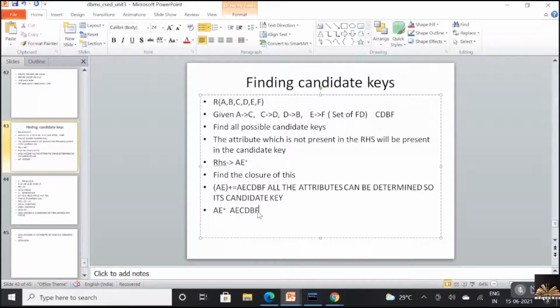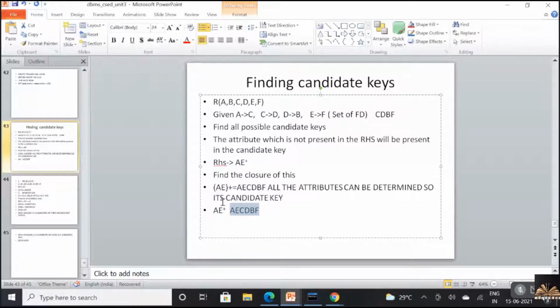Are all the attributes that were specified in the relation coming? Yes. So see, all the attributes can be determined. So AE is a candidate key. All the attributes can be determined using AE. So AE is a candidate key.